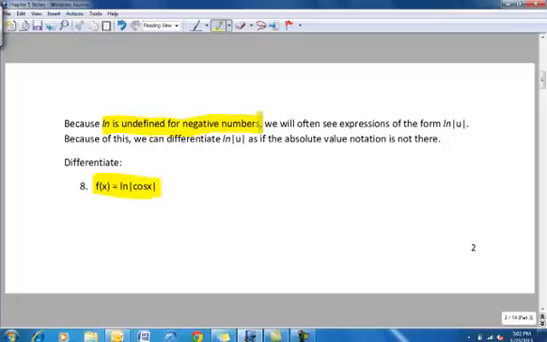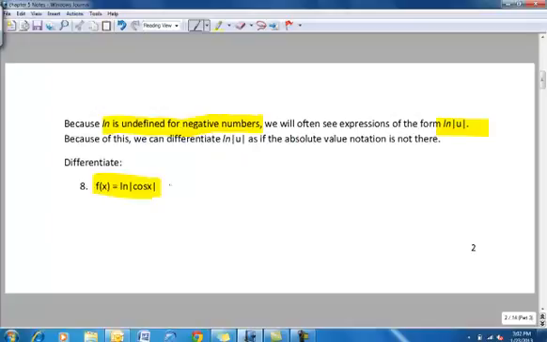It's only defined for positive numbers, as evidenced by that graph we saw earlier. You'll see this expression a lot. The only reason why you will see that is so that the negative numbers can become part of the domain. Because obviously if you take the absolute value of a negative number, the output is a positive number, and therefore you could take the natural log of that. So it doesn't really change how we do the problem at all.